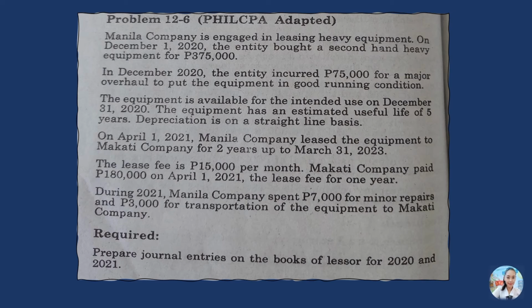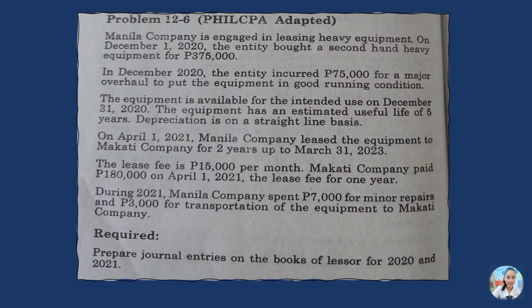Now on April 1, 2021, Manila Company leased the equipment to Makati Company for 2 years up to March 31, 2023. The lease fee is 15,000 per month, and Makati Company paid 180,000 on April 1, 2021.